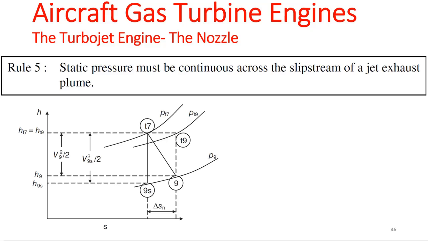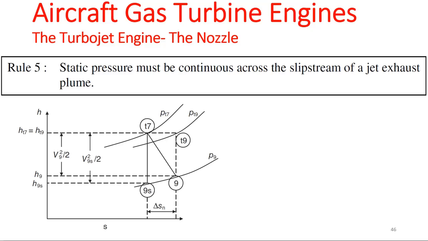So we are going from station 7 to station 9. What are the characteristics of this process? Is this an adiabatic process in a nozzle? Yes, it is. Is this an isentropic process?